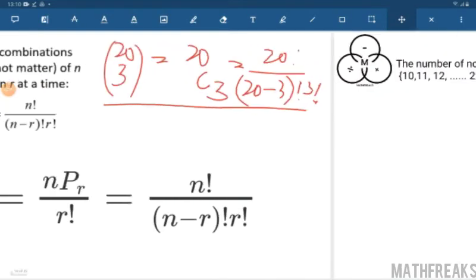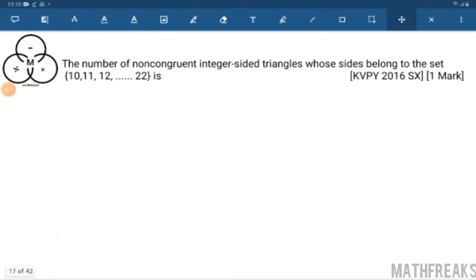Based on this idea, we have this problem. The number of non-congruent integer-sided triangles whose sides belong to the set {10, 11, 12, ..., 22} is, based on the idea of triangle inequality and combinations.